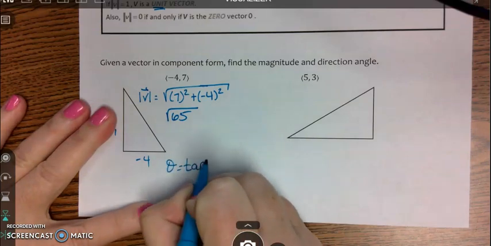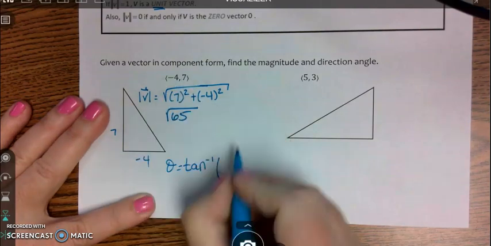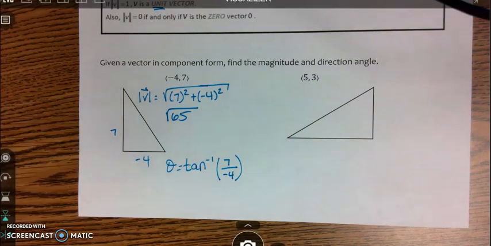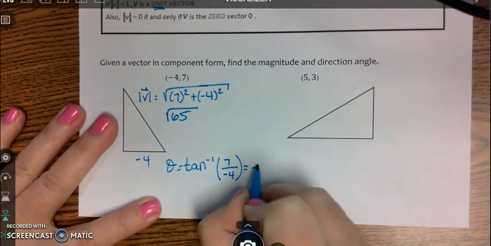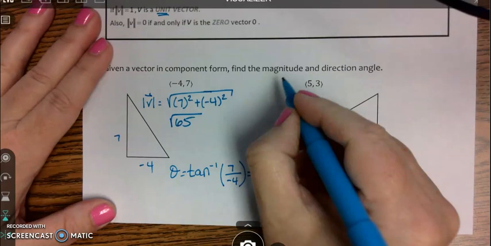Inverse tangent is y over x. So inverse tangent of 7 divided by negative 4, and we get negative 60.3. So let's graph this.